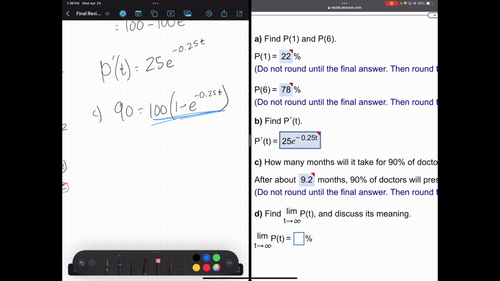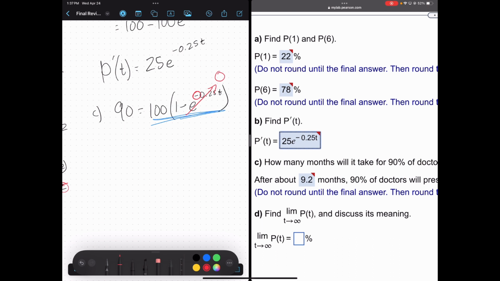Why not? Why will this converge instead of diverge? What do we notice with this exponential function? It has a negative exponent. Because of that negative exponent, if I let t get infinitely large, what happens to this term? It goes to 0. Right. It's getting infinitely small because I have that negative exponent.